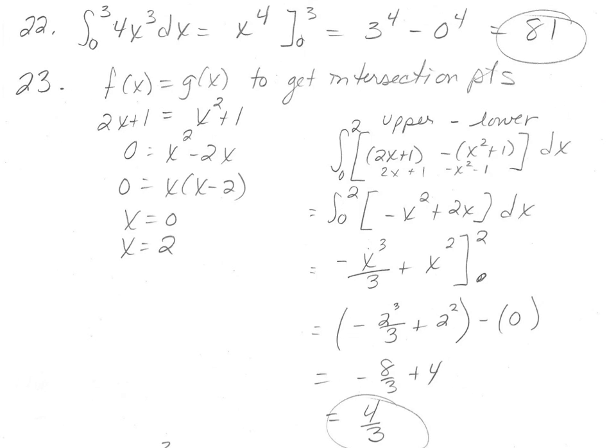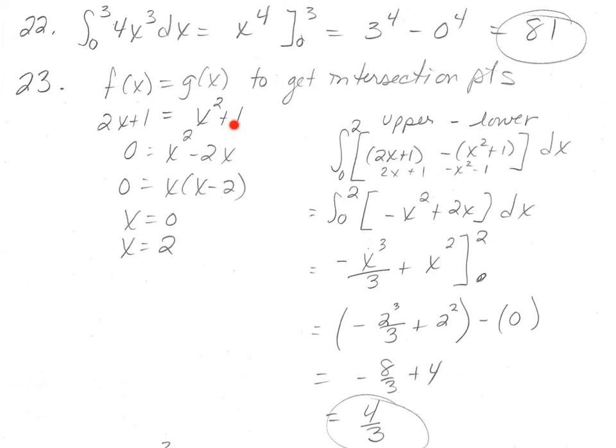For number 22, find the area under the curve y equals 4x cubed on the interval 0 to 3. That's what this definite integral is doing, and we're asked to evaluate it. So this is just like the previous problems, only we had to set up the integral. For number 23, find the area of the region bounded by these two curves.